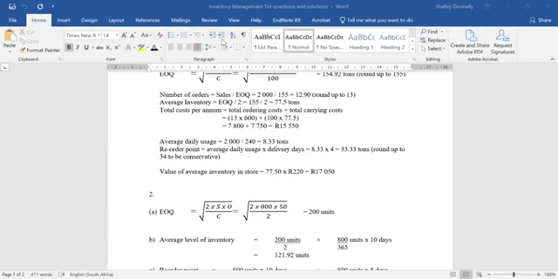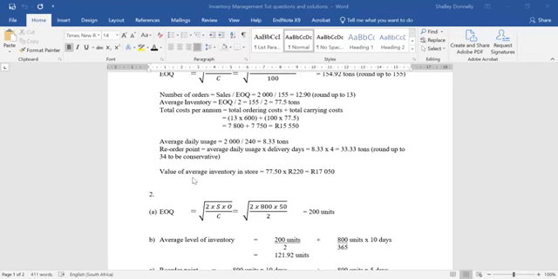Yes, there's a formula in your textbook, but note that it is the formula specifically for the total cost at the EOQ. So if the firm's ordering at the EOQ, you can use that formula because it's related to the EOQ formula itself.